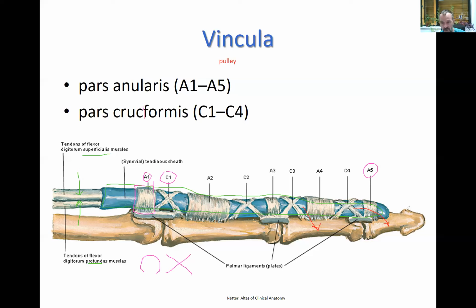So please remember that synovial sheaths and fibrous sheaths, better together, tendinous sheaths on fingers are fixed by vincula, by pulleys, featuring annular and cruciform parts, altogether 9 parts, which can be ruptured and can then be repaired surgically.